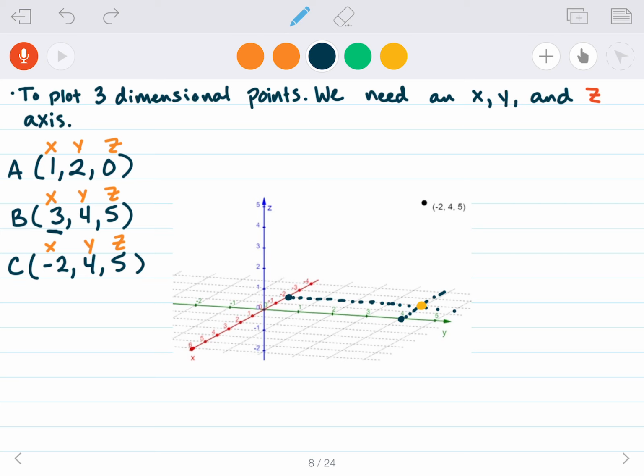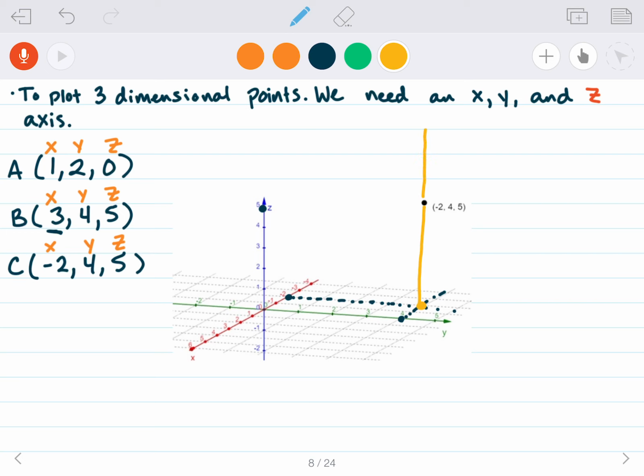How do I make this picture as accurate as possible? Well, I can start with my z component. Z is equal to 5. Let me actually draw my line just like I did with the other one. We don't know where it's going to stop, but there it is.